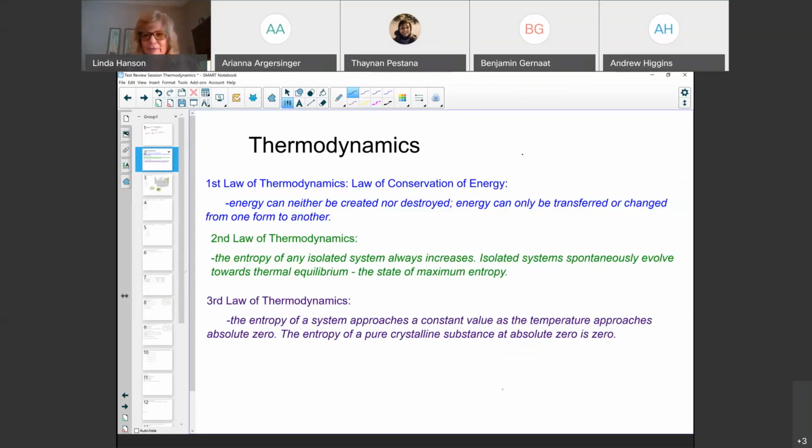Nothing colder than absolute zero. Entropy also approaches zero, so that all molecular motion, all atomic motion actually stops. So the key here is the entropy of a pure crystalline substance at 0 Kelvin is zero.